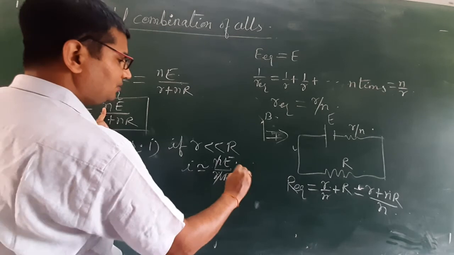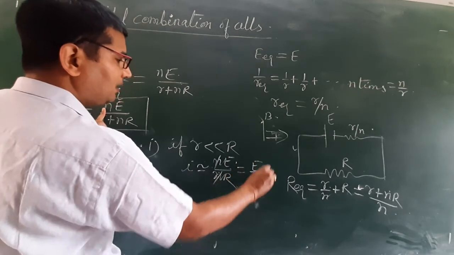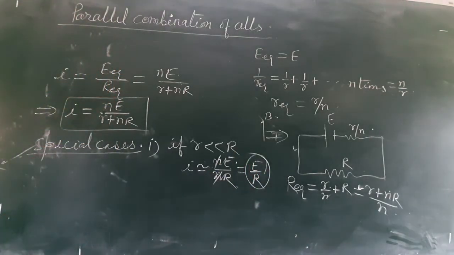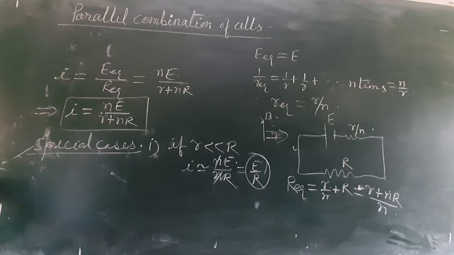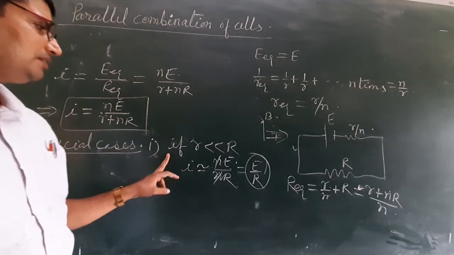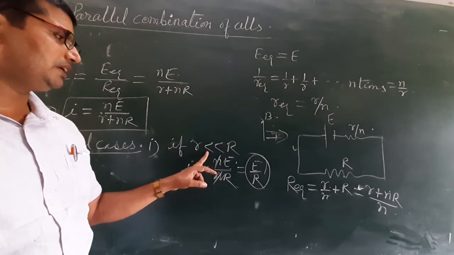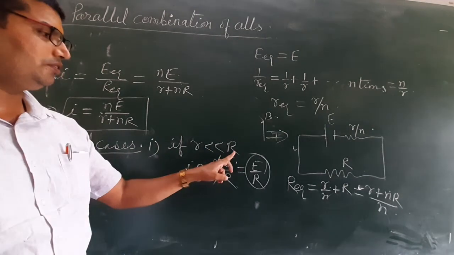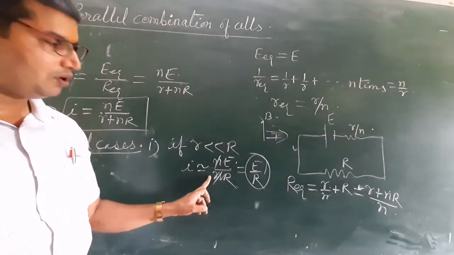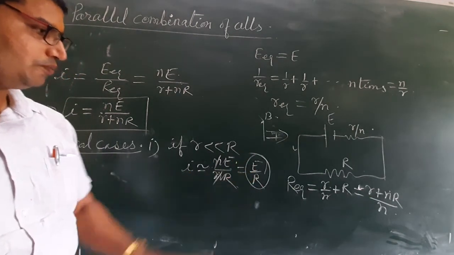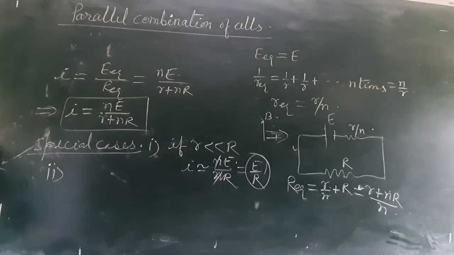N will be cancelled with n, and you are left with E upon R, which is very small, that is equivalent to the current supplied by a single cell. So this is not suitable. What it means is that whenever the internal resistances of the cells are very small in comparison to the external one, then they should not be connected in parallel, because in this case the current is very small, equivalent to the current provided by a single cell.